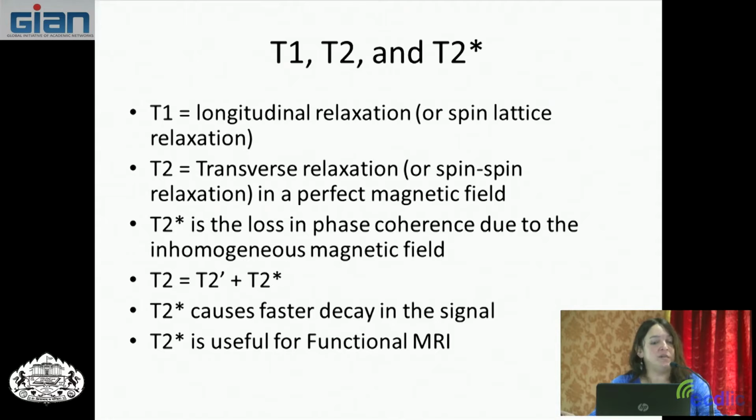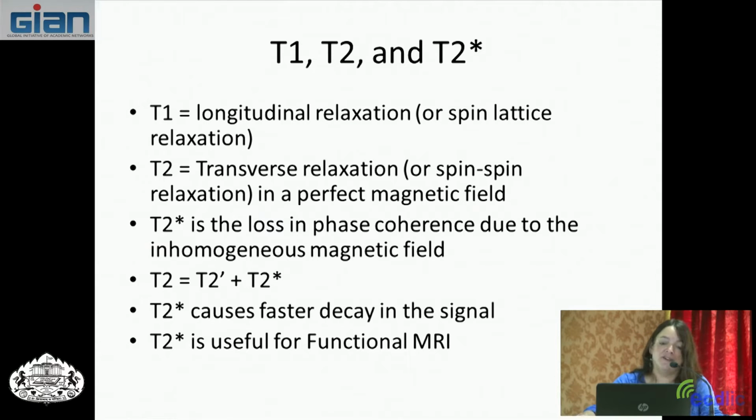And T2 star is actually a product of T2, which is the perfect T2. So the T2, that's actually a tissue-dependent property, what we would see if we had a perfect magnetic field. And T2 star is what the T2 is caused by the imperfect field. So T2 star is actually an addition of both T2 and the field imperfections.